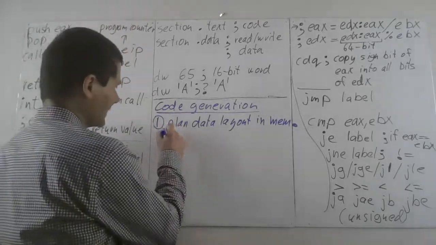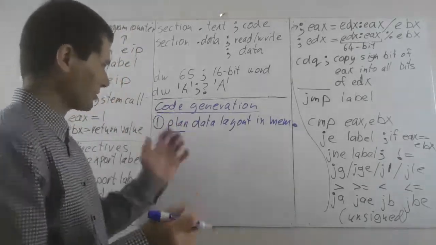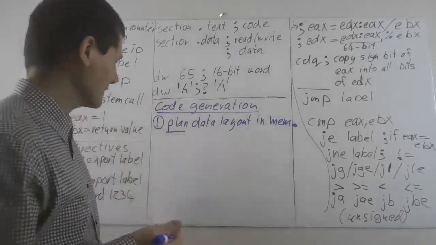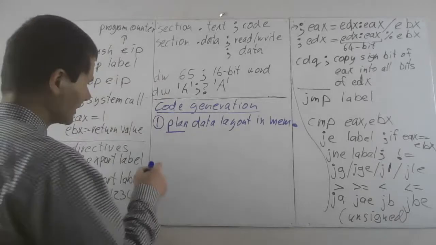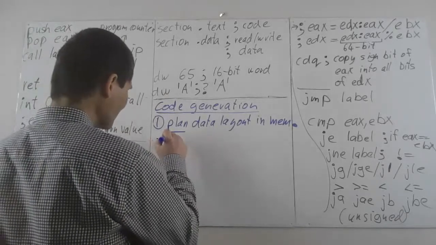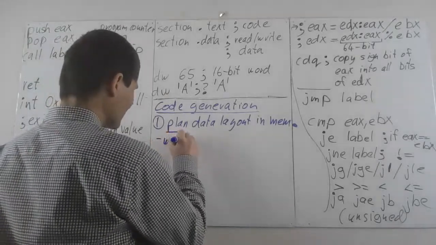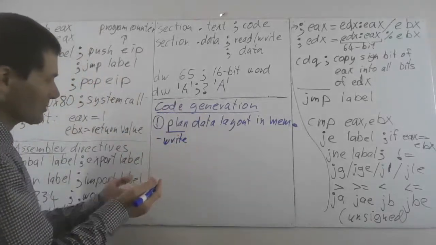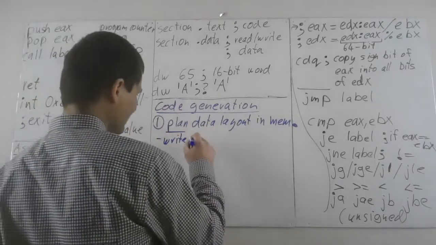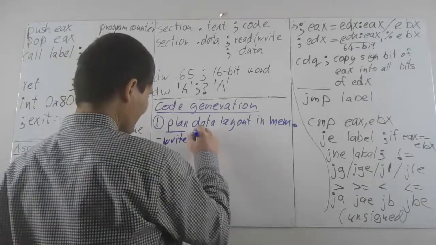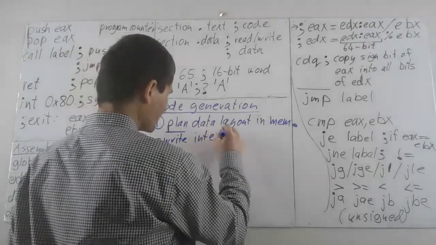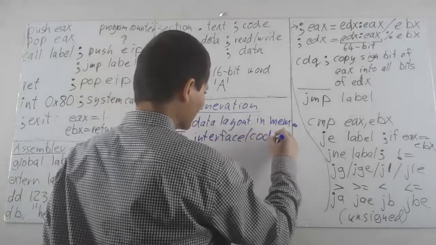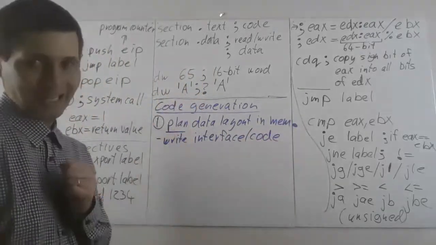And when I say plan, I know, okay, planning is boring. Let's write some code. Writing code is the fun part. So, as part of that, write yourself some functions, some interface in your compiler to implement your plan.